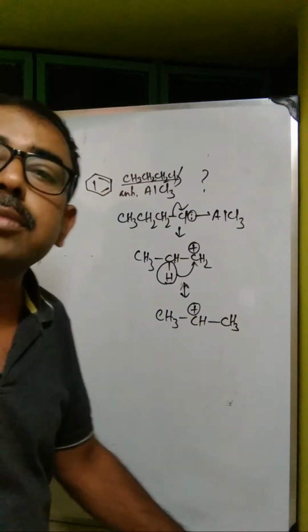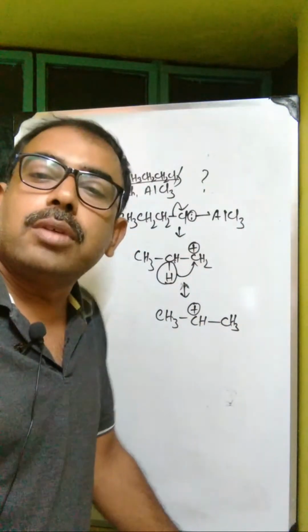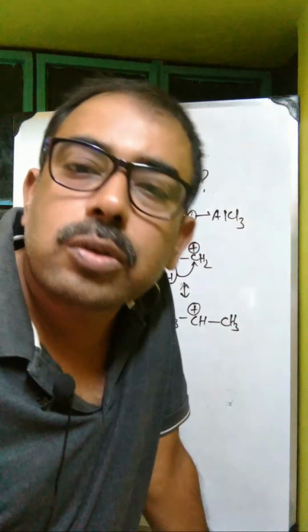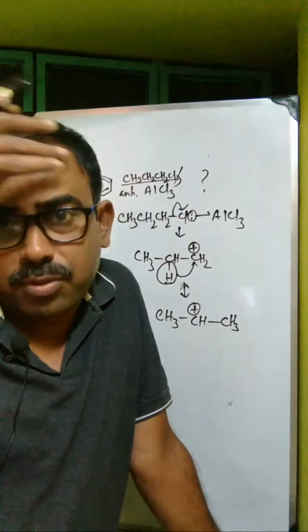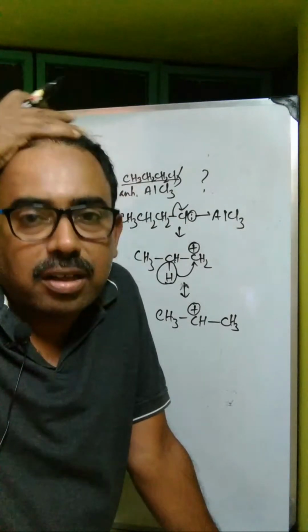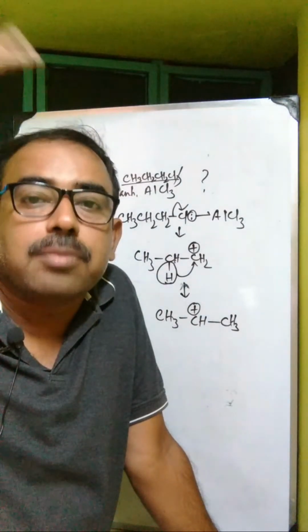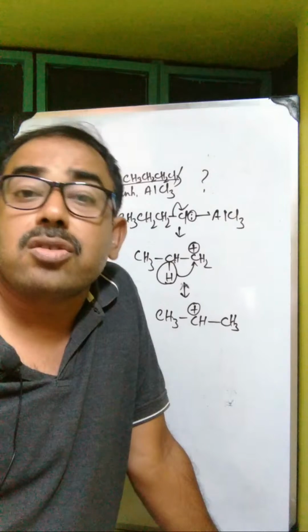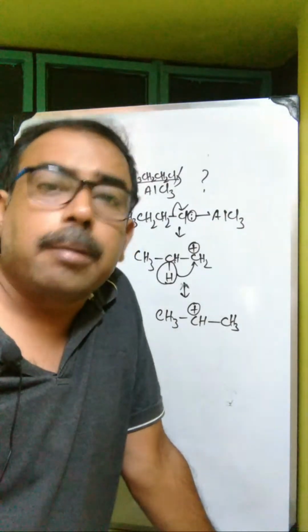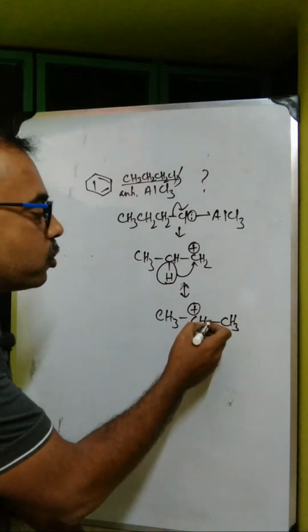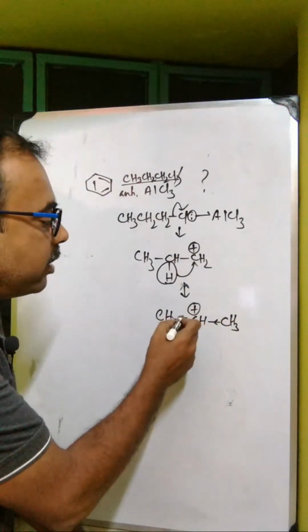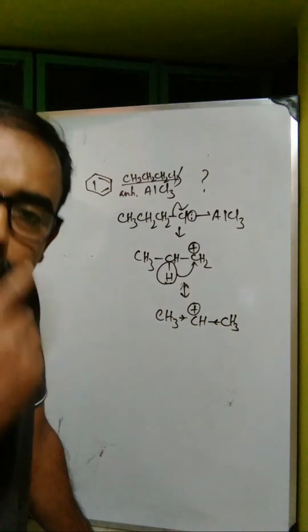Now the methyl group has a plus I inductive effect, so they will push the bond pair electrons to this carbocation. If someone is electron deficient and something gives them electrons, then it will be in a more stable condition. So the CH3 groups will show the plus I inductive effect and will make this carbocation more stable.